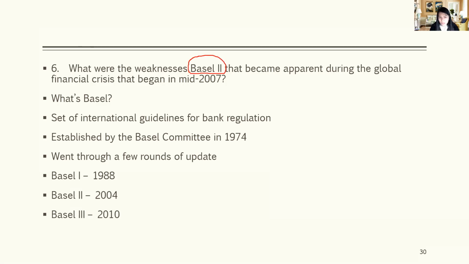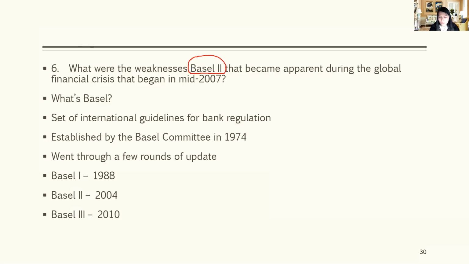So the first Basel rules were Basel I in 1988, followed by Basel II in 2004, and finally Basel III in 2010. Okay. So as the regulations evolve, you see more details or more refined regulations that are recommended by the Basel Committee.